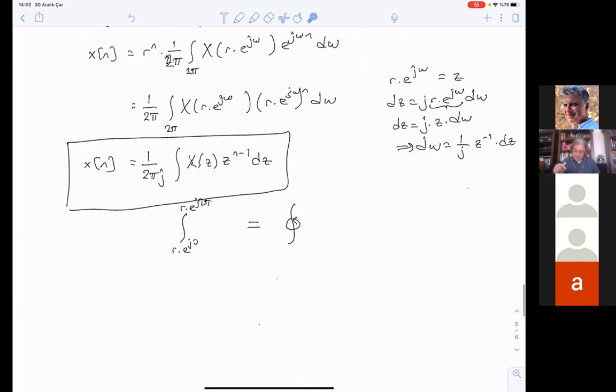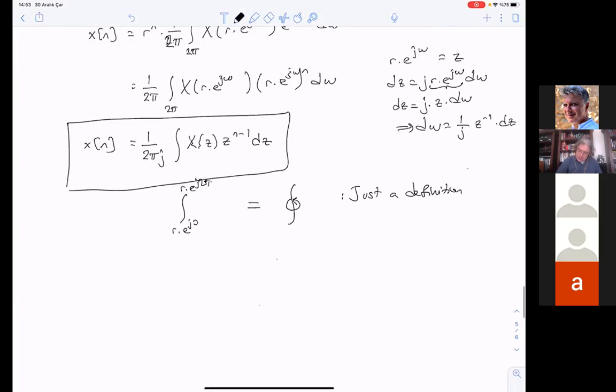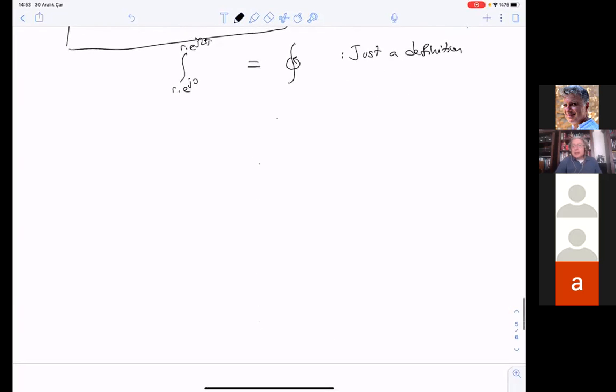You choose an r and you vary omega from 0 to 2 pi. You trace it like that, or you start from minus pi and trace it all the way to pi and things like that. Now, this is, as I say, just a definition. And I don't expect you to utilize it for finding the inverse Z transforms.